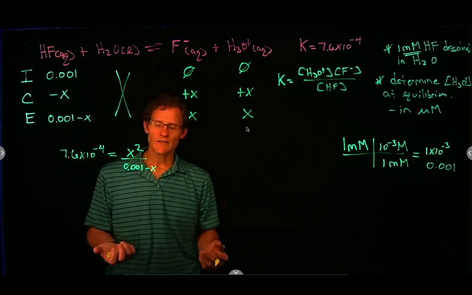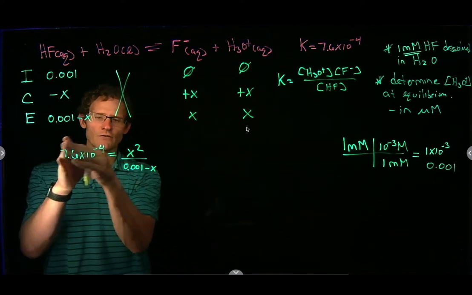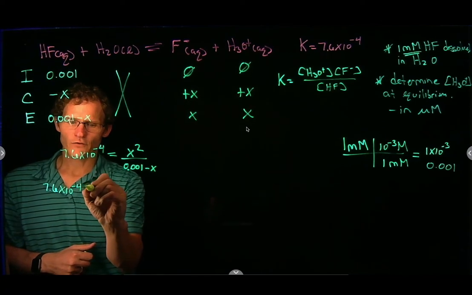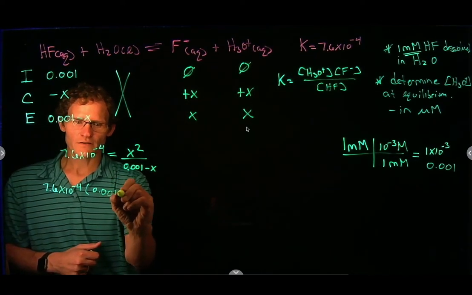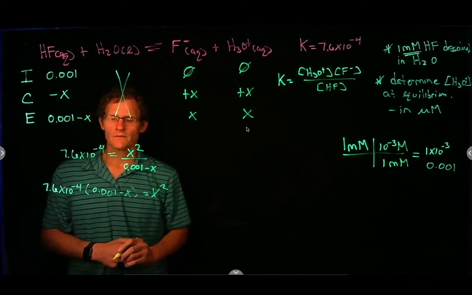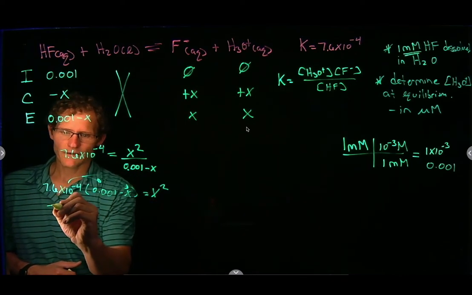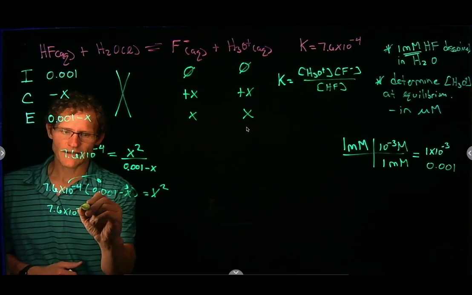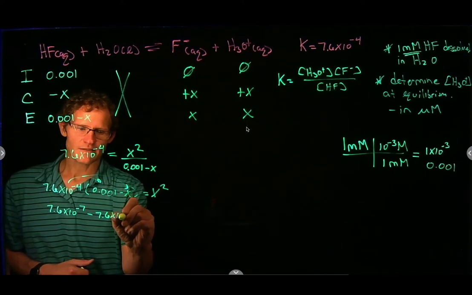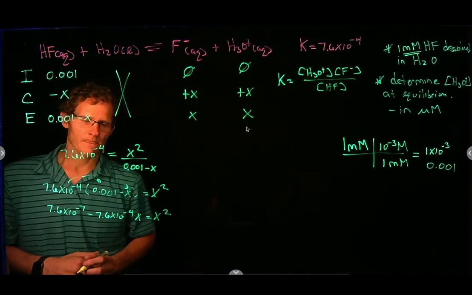Going through the algebra reasonably quickly, I'm going to move 0.001 minus x over to this side. I have 7.6 times 10 to the minus 4th times 0.001 minus x equals x squared. Okay, distribute into the parentheses. I have 7.6 times 10 to the minus 7th minus 7.6 times 10 to the minus 4th x equals x squared.